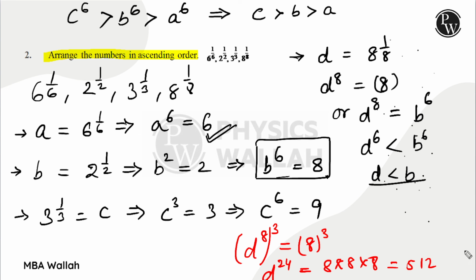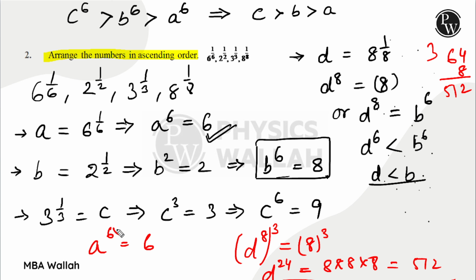Okay, actually let me just check it once. This is going to be 64 into 8. That is 512 only. Okay, and what about a to the power 6, that is equal to 6.